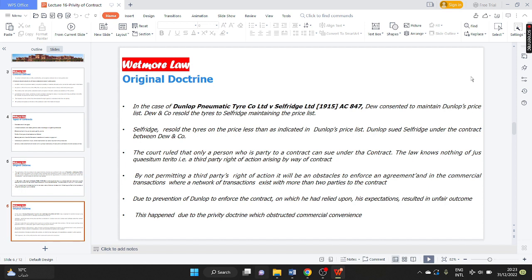Due to prevention of Dunlop from enforcing the contract on which he had relied, his expectations resulted in an unfair outcome. This happened due to the privity doctrine, which obstructed commercial convenience.